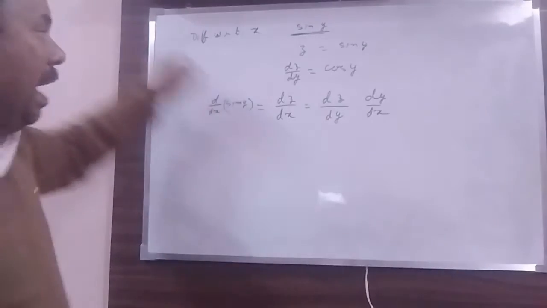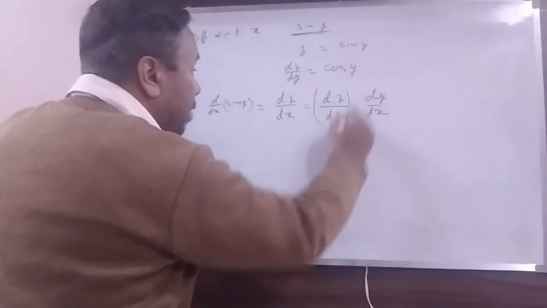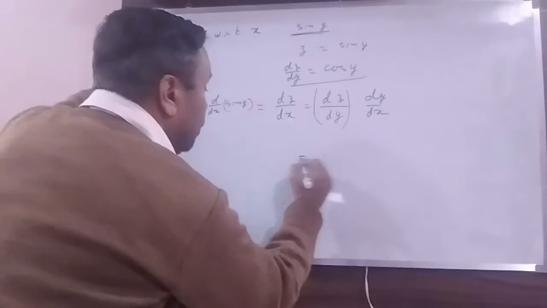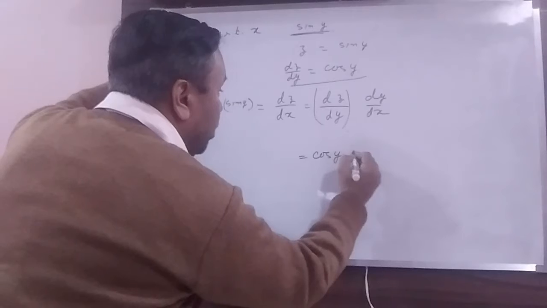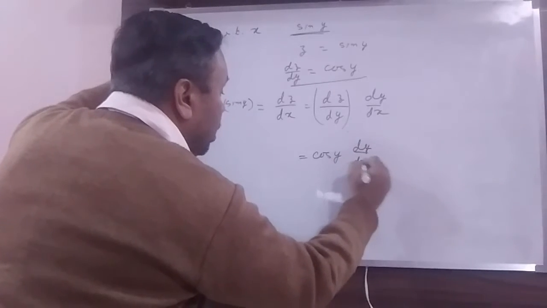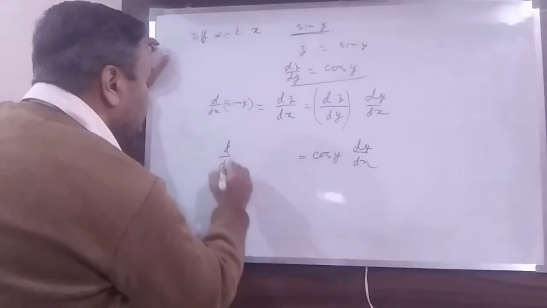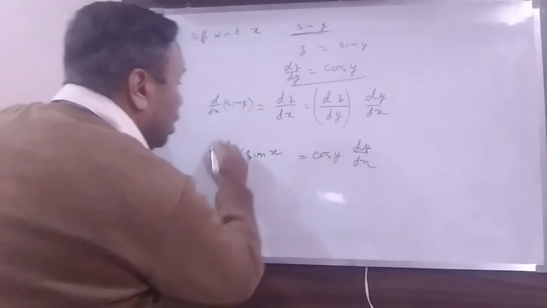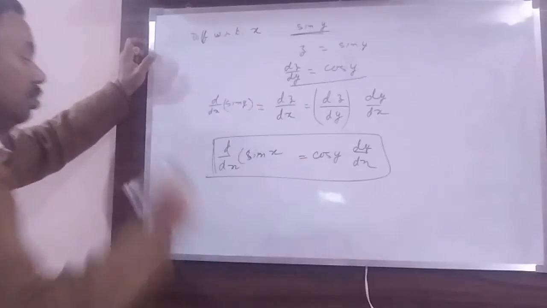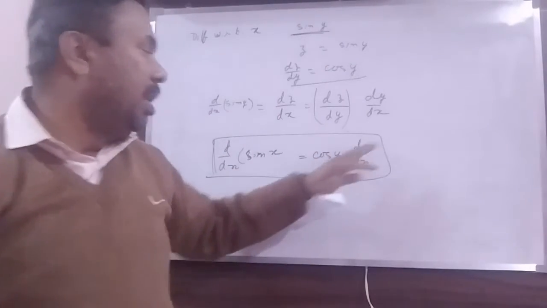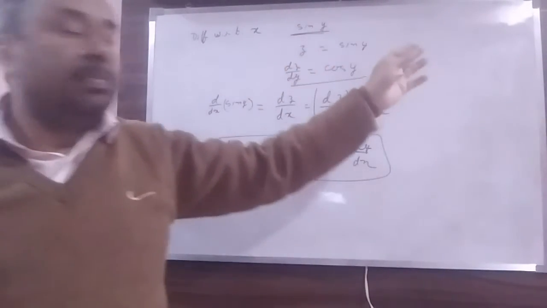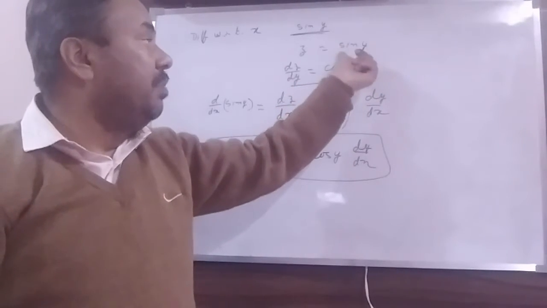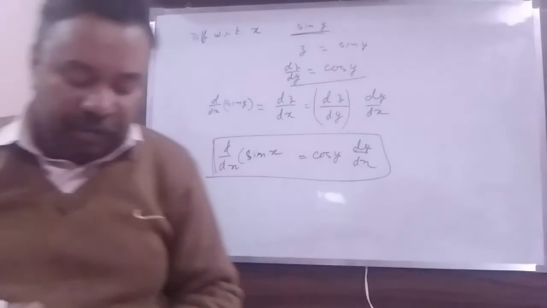And this dz by dy I have already calculated, it is cos y. So this is cos y multiplied by dy by dx. So d by dx of sine y is equal to cos y multiplied by dy by dx. That is the simple way: just treat it as one function and then differentiate it.